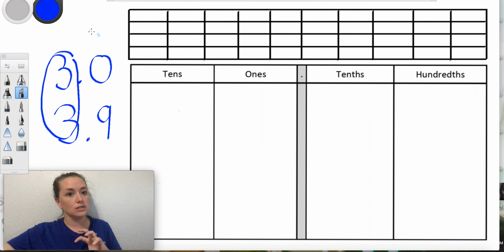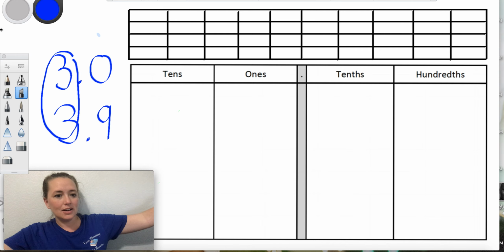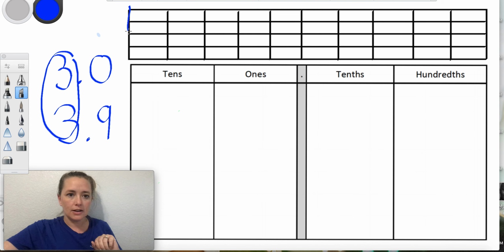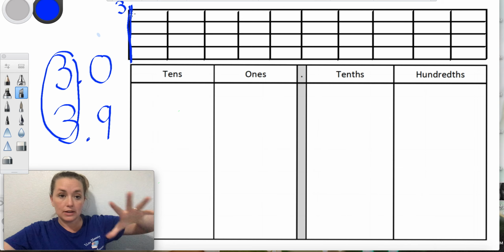And again, we're going to look at our decimals. So let's pretend, starting right here, that all the way back here is our 1, 2, 3, and this point right here is our 3, our whole. This is 3. Everything else, that was 0, 1, 2, now we're at 3.